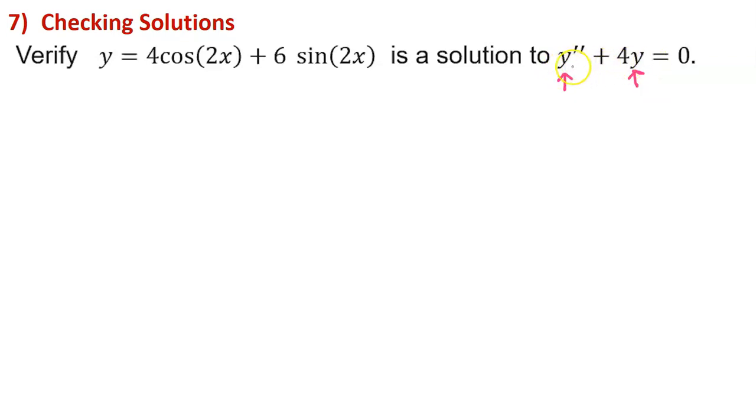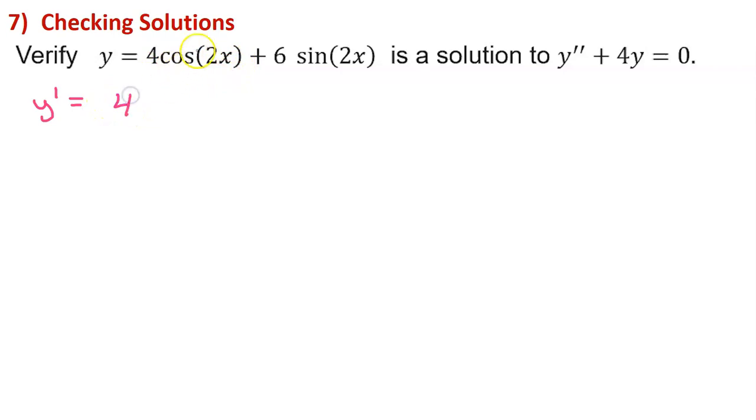And we need to verify that the sum equals 0. But first, we need to find y double prime. In order to get y double prime, we first need to find y prime. So let's take the derivative term by term.